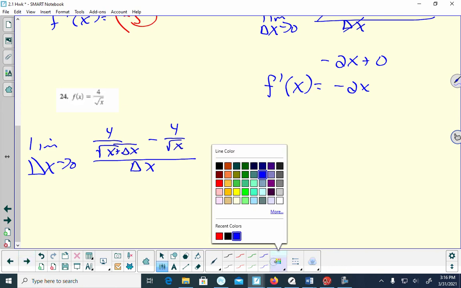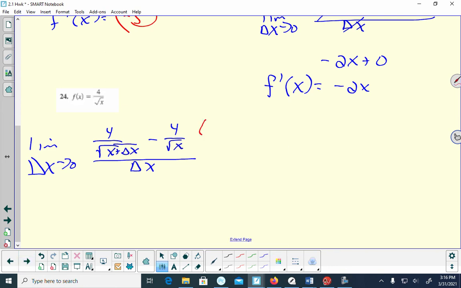So let's multiply this by the square root of x plus delta x, and this I'm going to multiply by the square root of x over the square root of x.